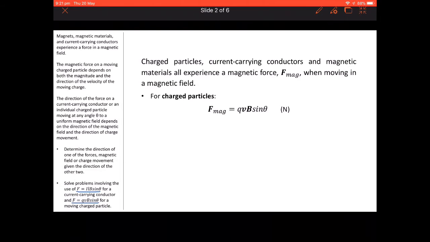So charged particles, current-carrying conductors and magnetic materials all experience a magnetic force when they're moving in a magnetic field. We'll look at charged particles first.